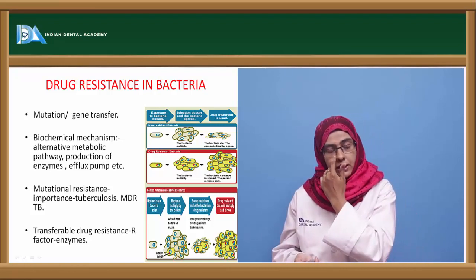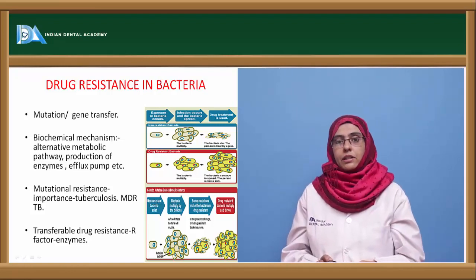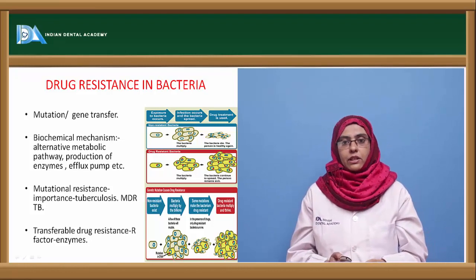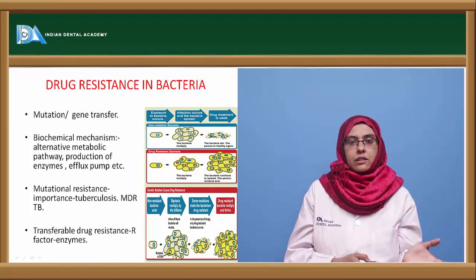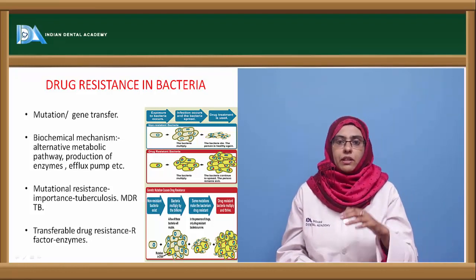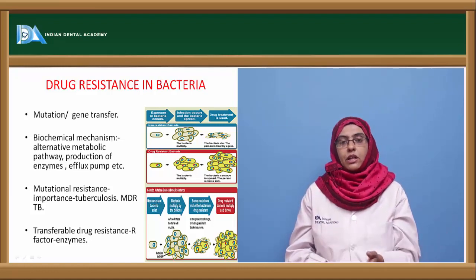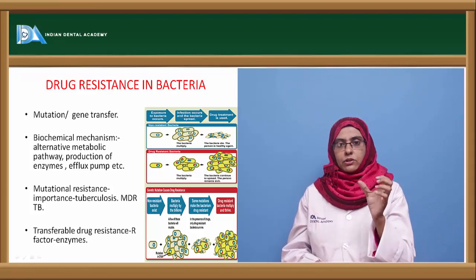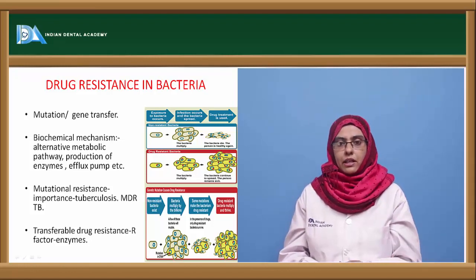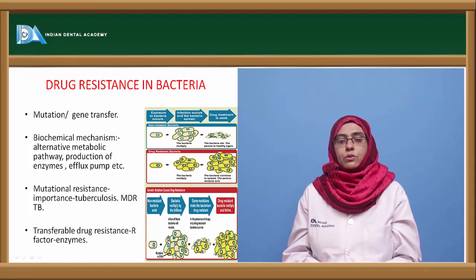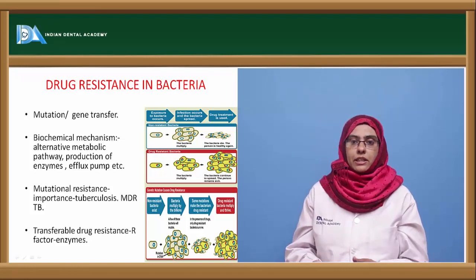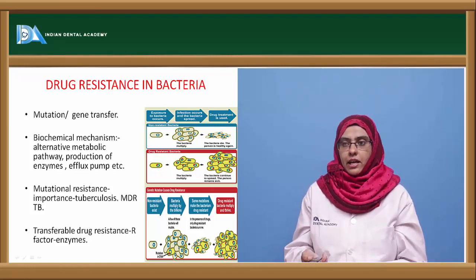And use of antibiotics in animal feeds can also lead to drug resistance, and these drug-resistant bacteria can be transferred to humans when they consume the animal as nutrition. So the use of antibiotics should be eliminated, and the government has taken steps to limit the use of antibiotics in animal feed and veterinary practices.